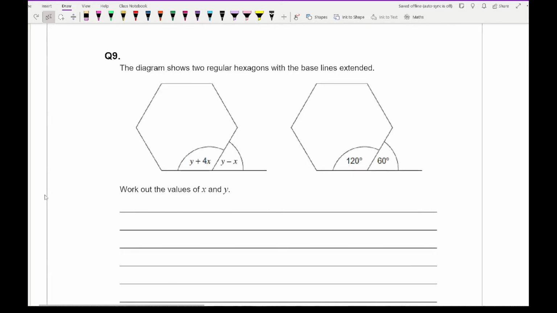Then moving on to question 9, it says the diagram shows 2 regular hexagons with the baselines extended, and the question is asking us to work out the values of x and y. So here, we know that the angles add up to the respective angles. So we've got that y plus 4x equals 120 and y minus x equals 60.